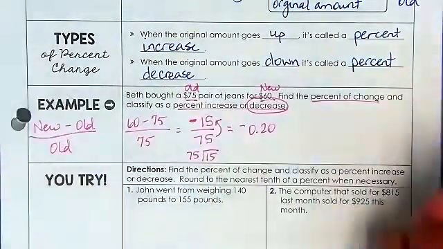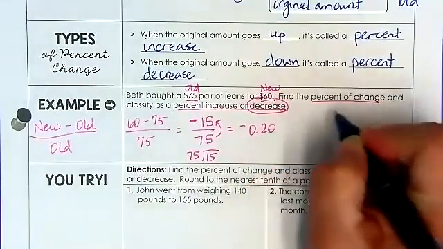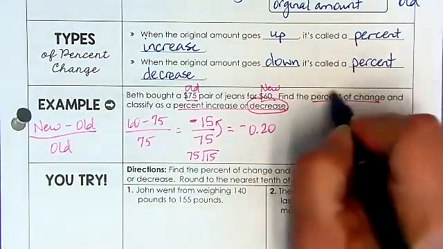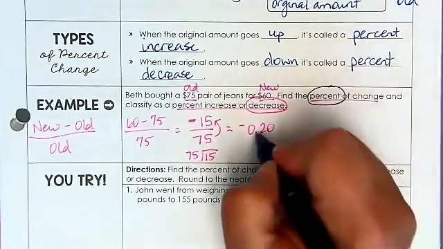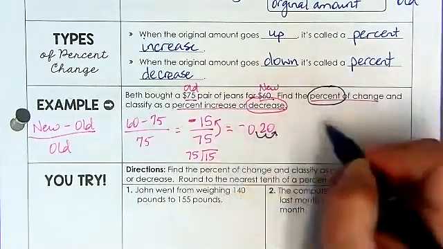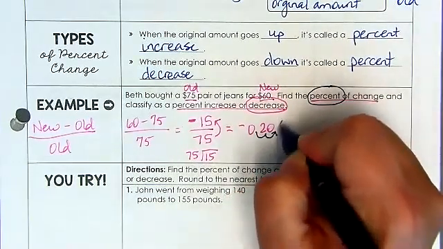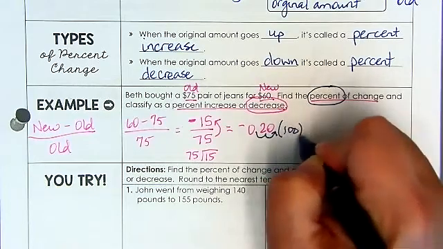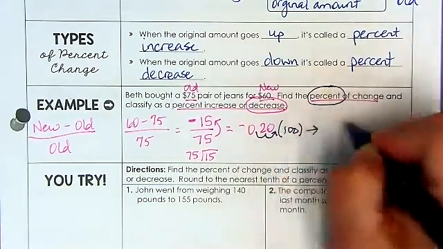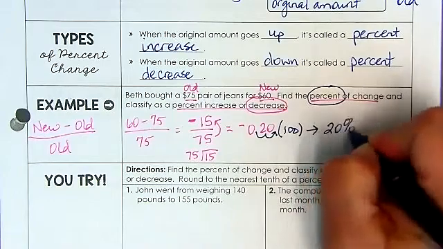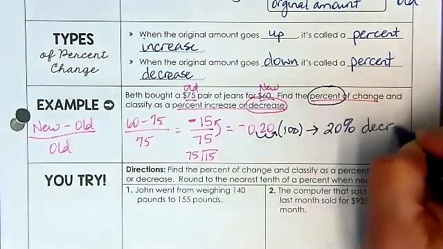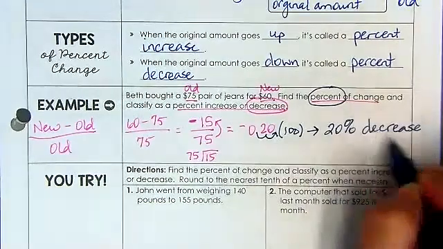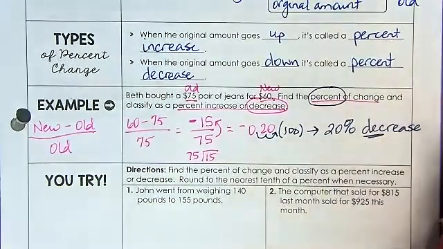The key here is that's a decimal. I need a percent. That means I have to move the decimal twice, or you think of it as multiplying by 100, and that gives me 20% decrease. And you can shorten by just writing DEC.